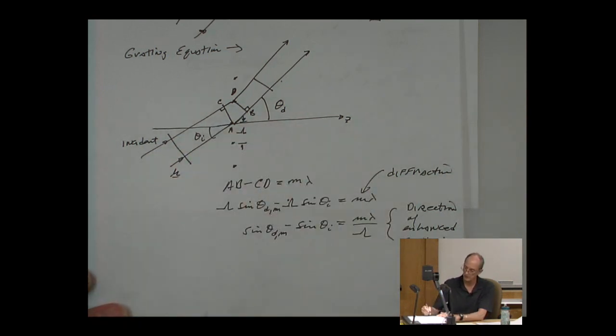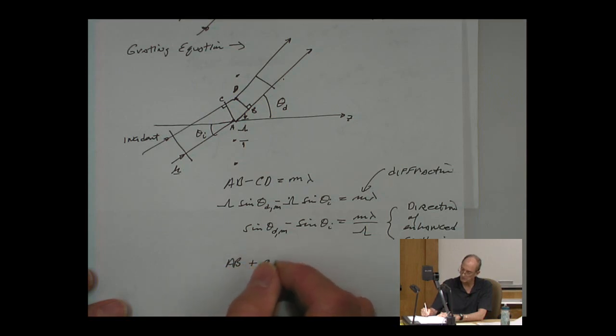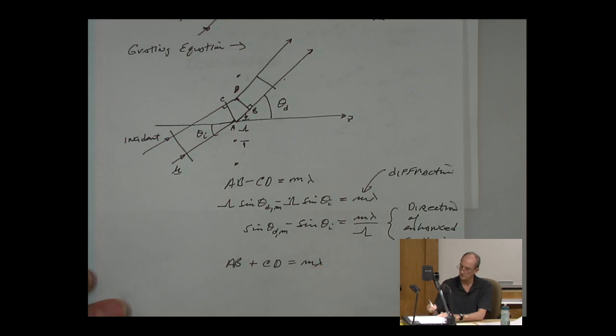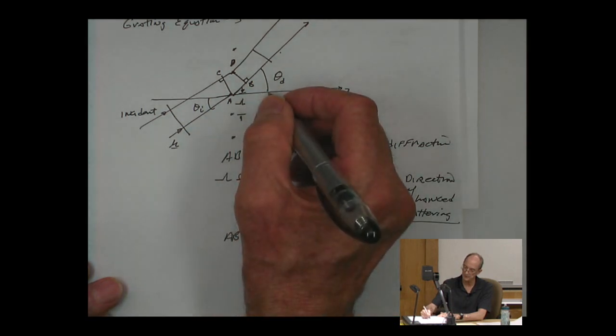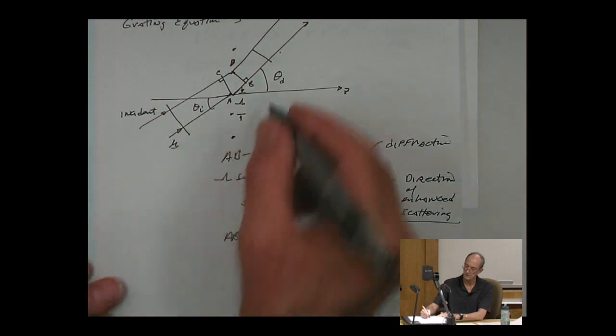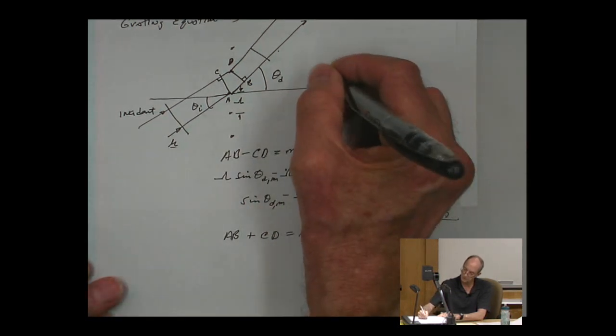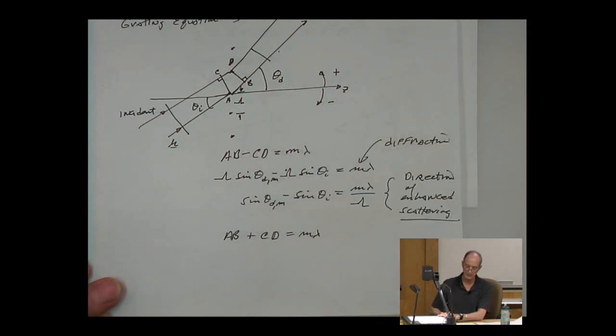So what if we said that we have AB plus CD equal to m lambda? Well, there we should utilize the fact that if the angle is coming up, we'll call that a positive angle. So this would be a positive angle, and this will be a negative angle.